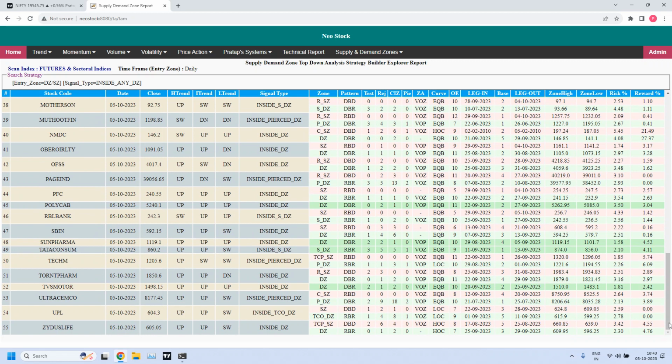So total 55 stocks filtered where price closed inside a daily demand zone.